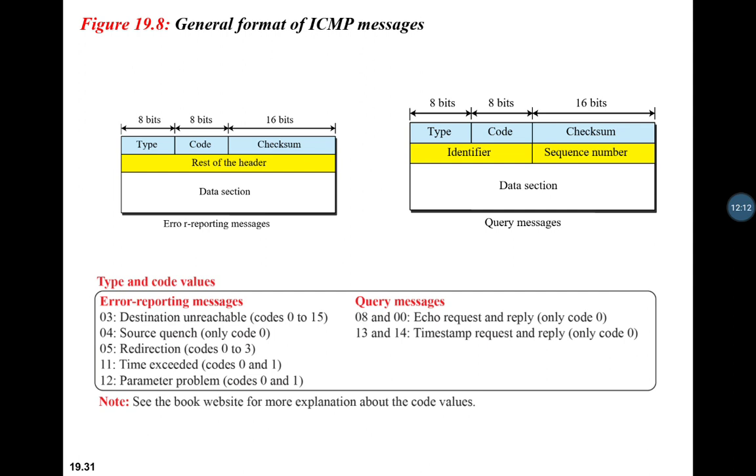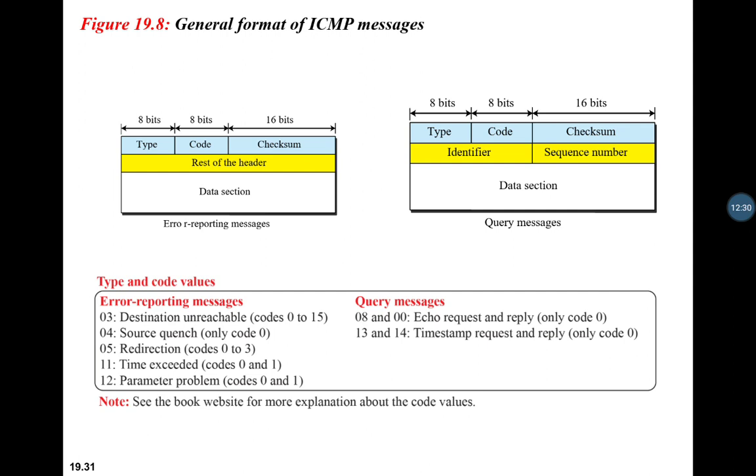Next is redirection. When the source uses, for example, a wrong route to send out a message, which is not a proper route, then the router redirects the message to the appropriate router and informs the source that it needs to change the router.